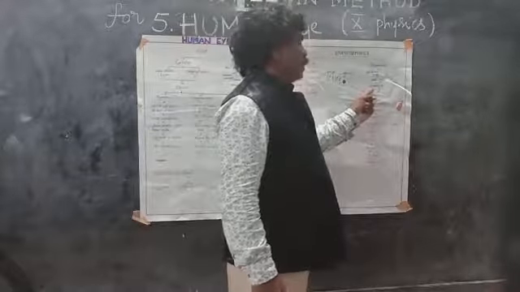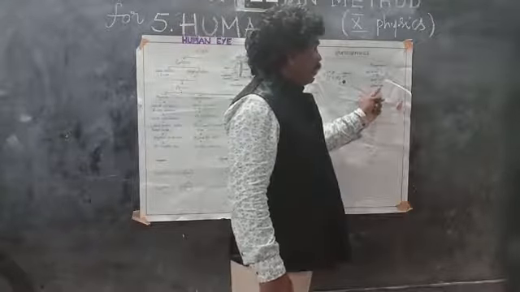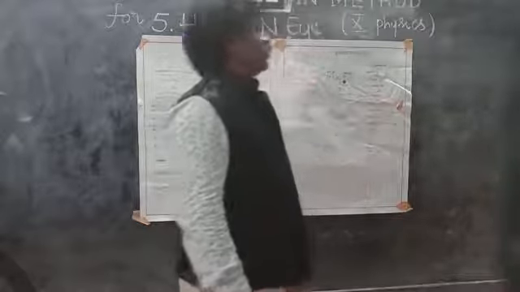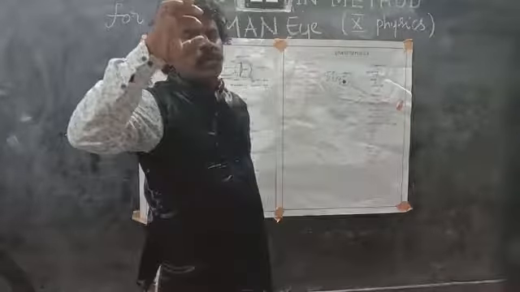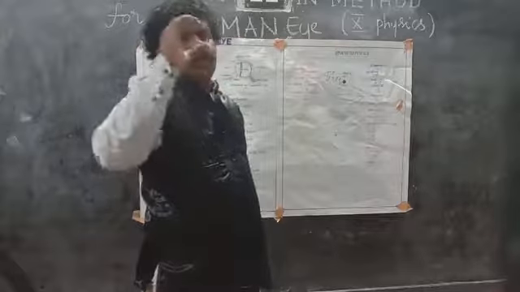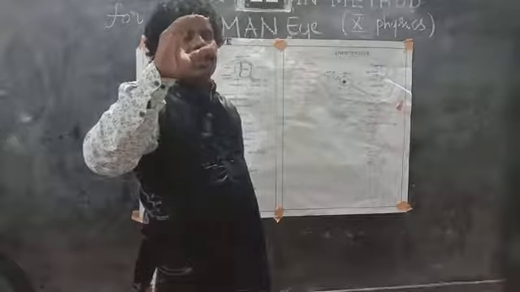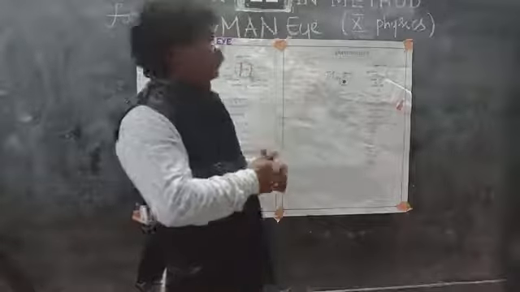Violet, indigo, blue, green, yellow, orange, red. So VIBGYOR, that means in the rainbow we could see through one drop of water. If a drop of water is there, the light will penetrate into these VIBGYOR colors.